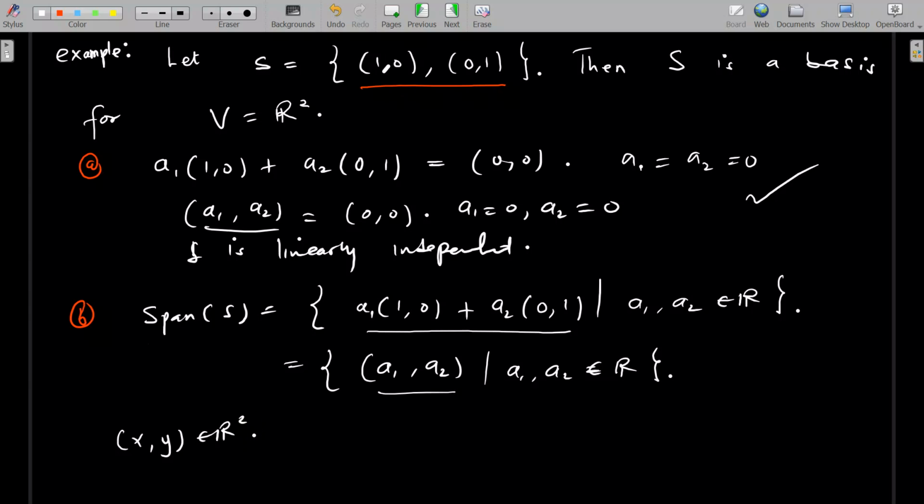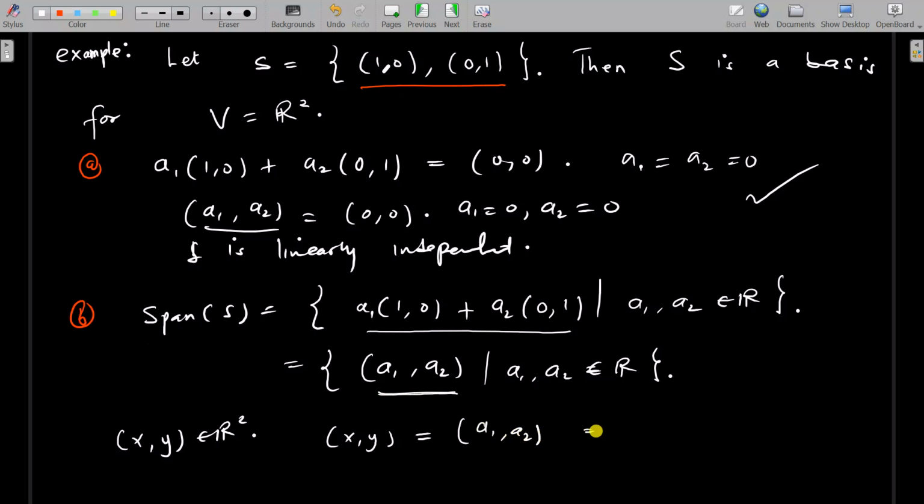If you know R2 very well, that two-dimensional R2, realize that every vector you pick can be written as (x, y). So if I pick (x, y), I'm just representing every point that you can think of. Notice that I want to equate (x, y) to the general form of the span, which is (A1, A2).